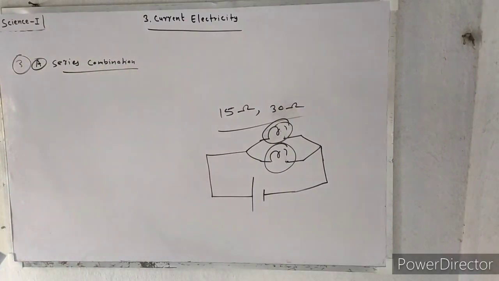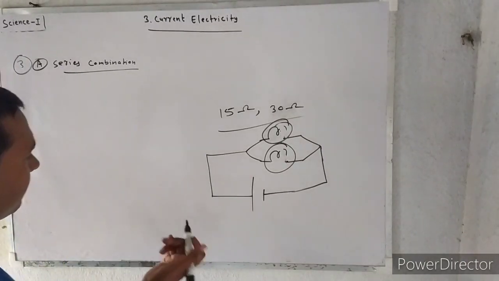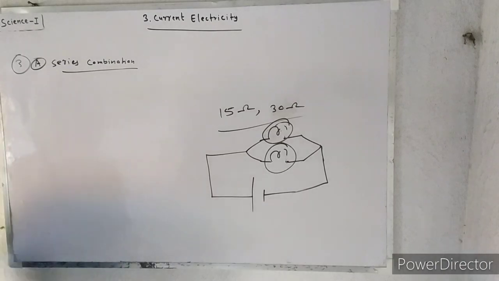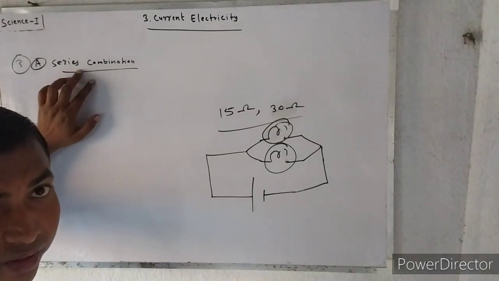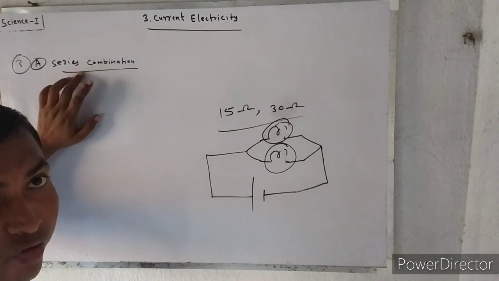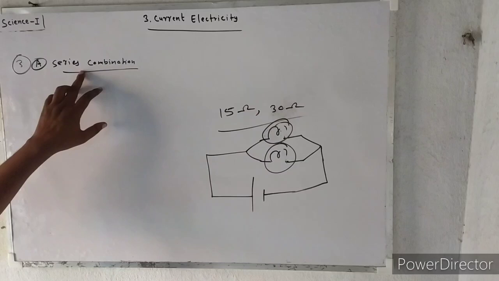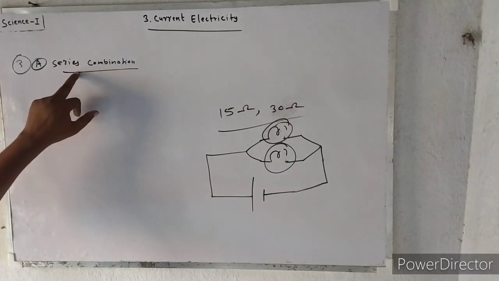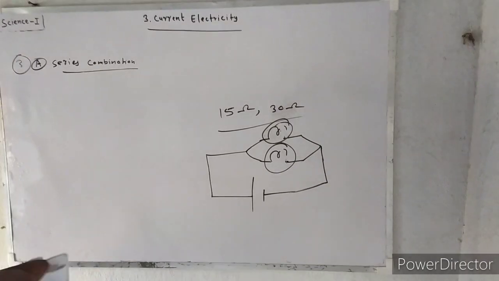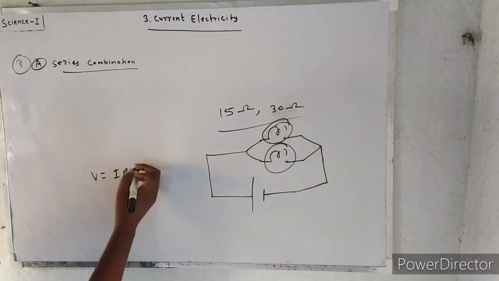Why series combination? The reason is, when series combination is used, if you want to increase the resistance in the circuit, then you have to use series combination. See, V is equal to IR.